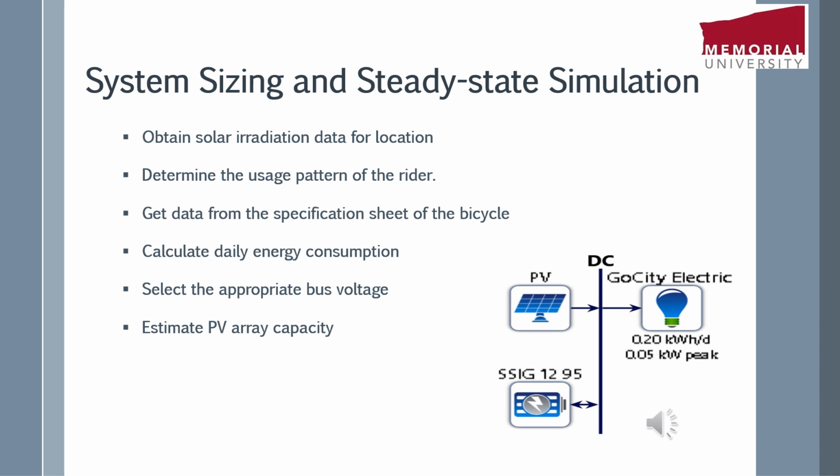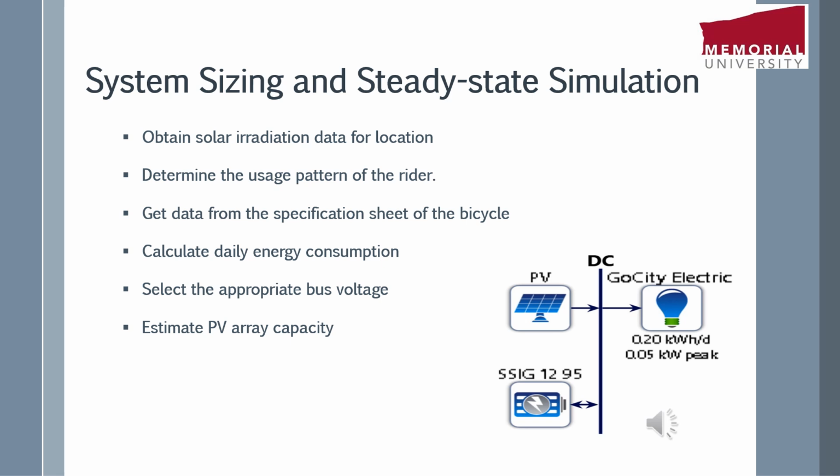Due to the nature of the light load we got, we selected a DC bus voltage of 12 volts and considered 5 days battery backup for days with cloudy weather, knowing that St. John's is always cloudy. Then we considered the depth of discharge for our system, and all this guided us in selecting our components on HOMER.